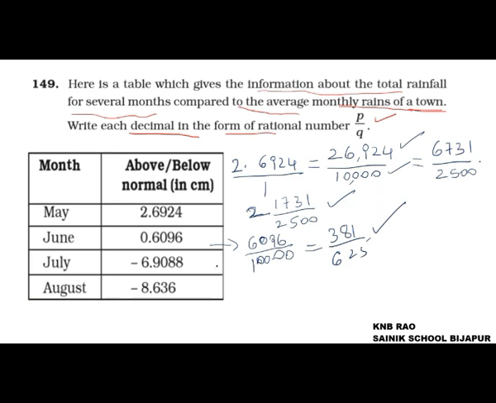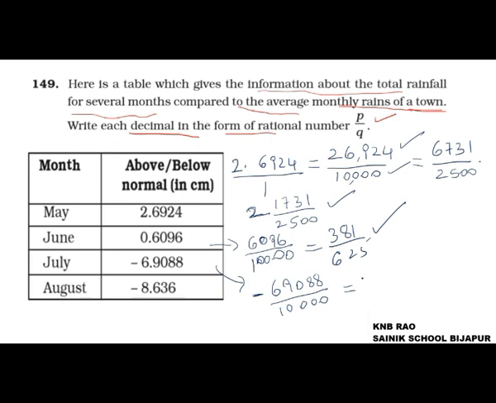For July, since it is negative, we have to put first minus sign. 69,088 upon 10,000 is the P by Q form.